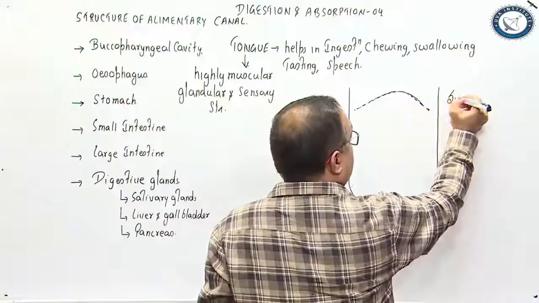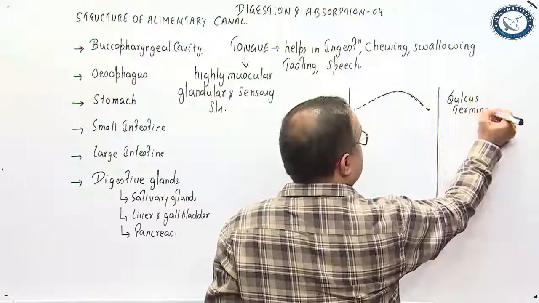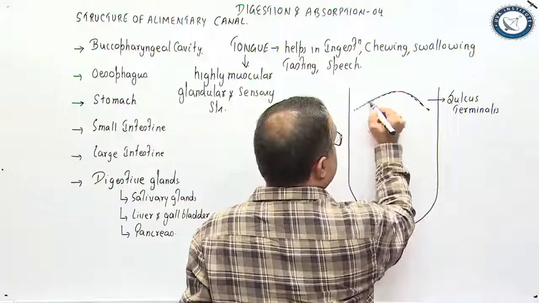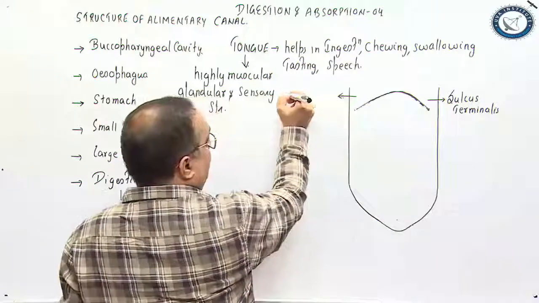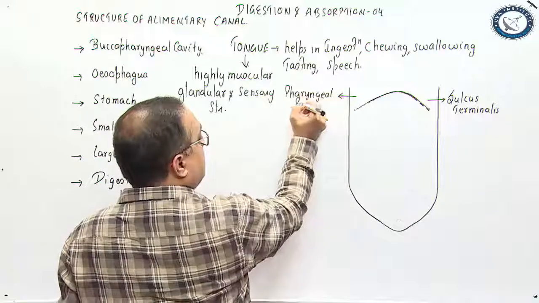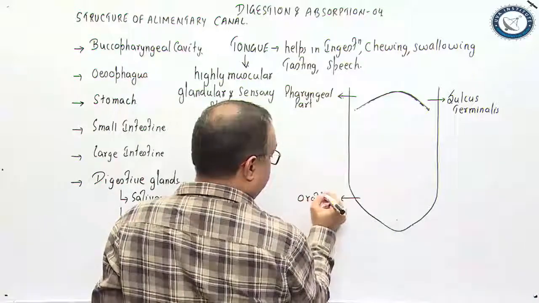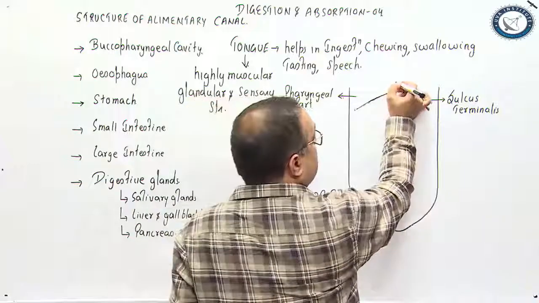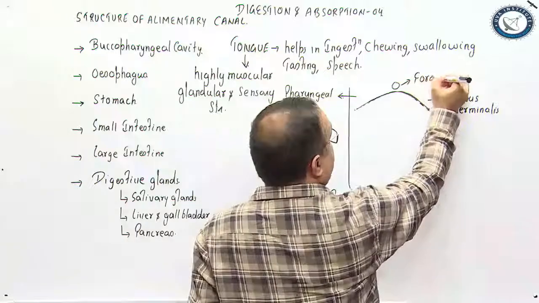So I'm labeling this structure as Sulcus Terminalis, right? Okay? Here you have remnant of the thyroglossal duct, that is foramen cecum.